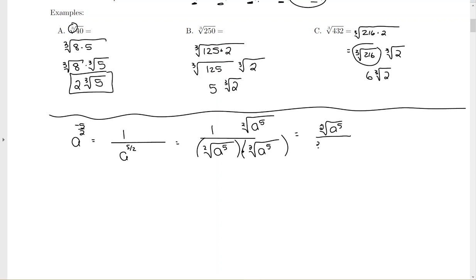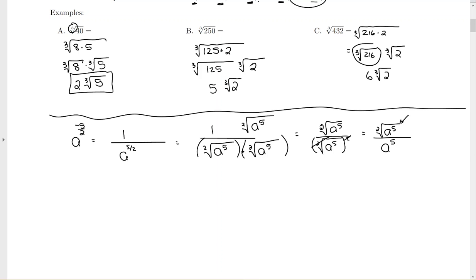This is really what it is, the square root of a to the fifth squared, taken twice. The square and the square root cancel, and I'm left with the square root of a to the fifth over a to the fifth.